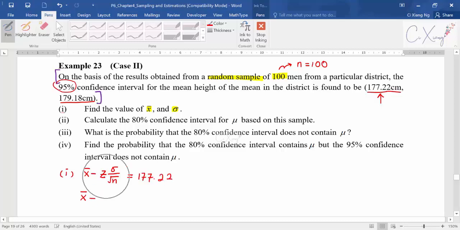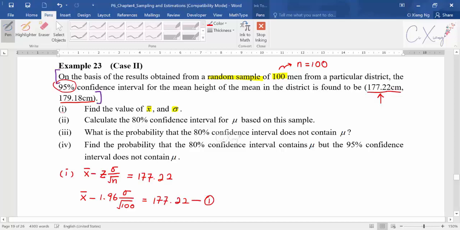The z for 95% should be 1.96. If you forgot how to find the value of z, please refer back to the earlier video. Sigma you also don't know, but n is 100. So this is the first equation that we have.